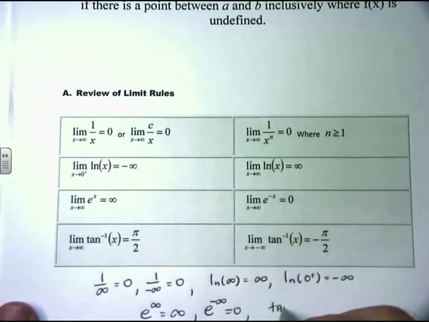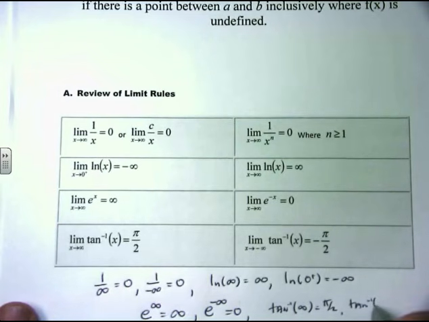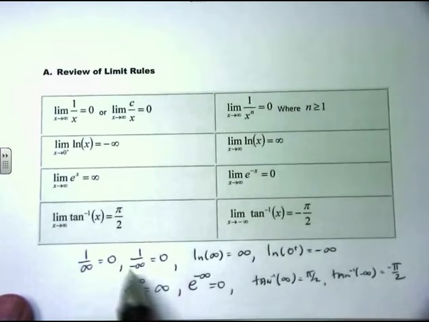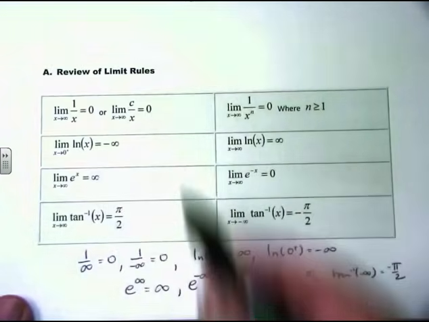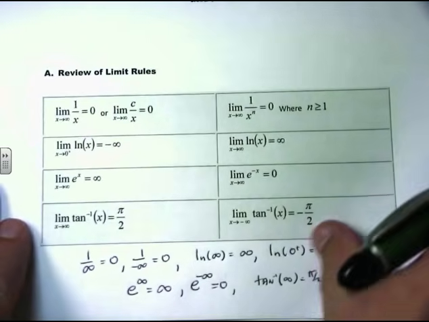The tangent inverse of infinity is pi halves, and the tangent inverse of negative infinity is negative pi halves. These are some of those basic rules that we have memorized. This is my shorthand notation for this limit information, again from Calculus 1. So let's take a look at some examples here.